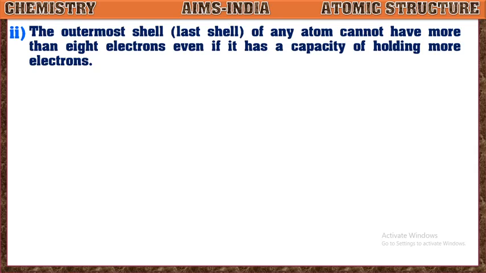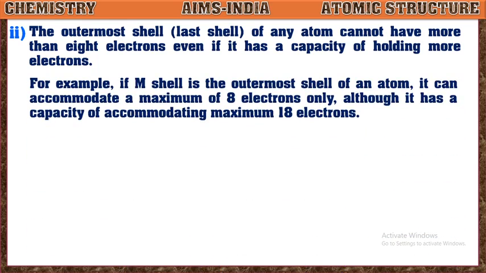Second point, the outermost shell of any atom cannot have more than 8 electrons, even if it has a capacity of holding more electrons. That means the outermost shell will have a maximum of 8 electrons only, even though its capacity is more than 8.